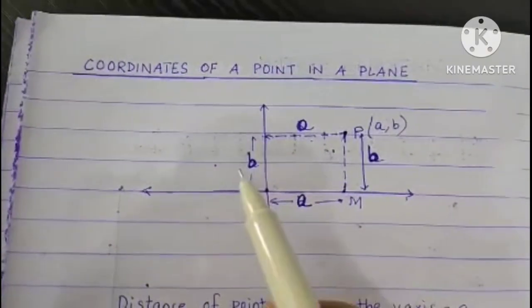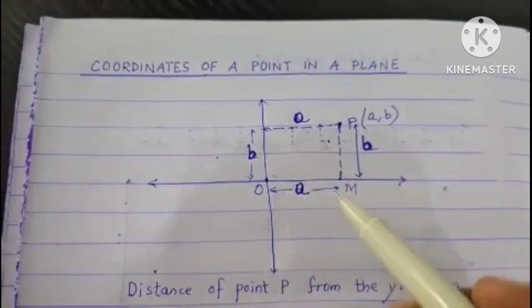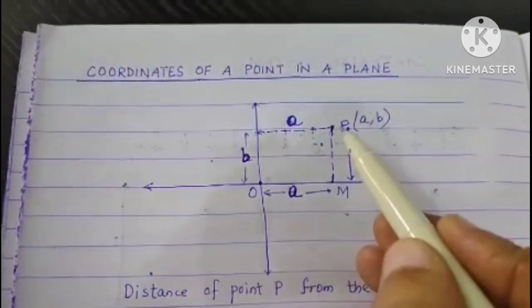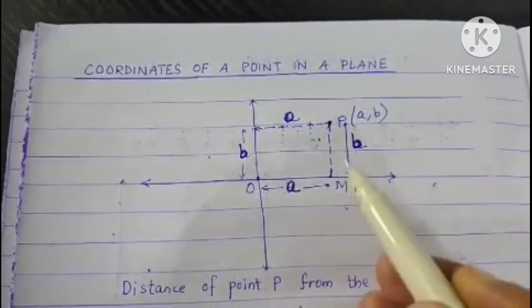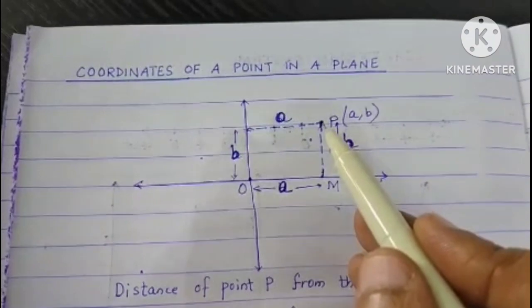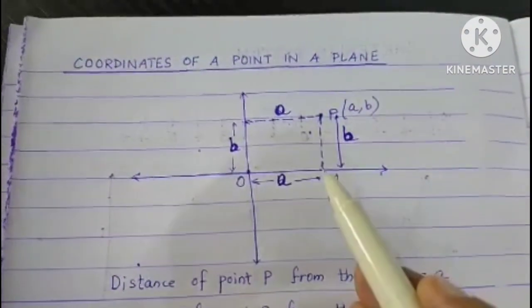Let us understand what are the coordinates of a point in a plane and how we write the coordinates of a point. Let us take this point P in this plane. This is the origin, and we draw one perpendicular from P to x-axis. Let us say this is PM.